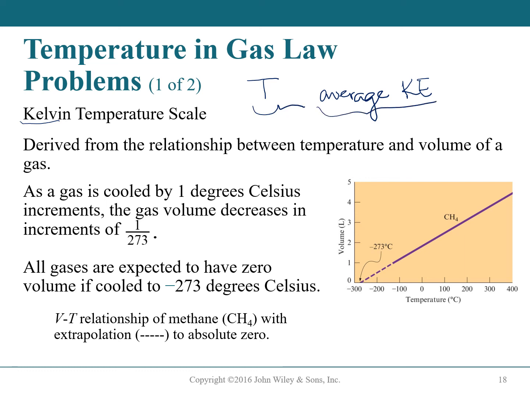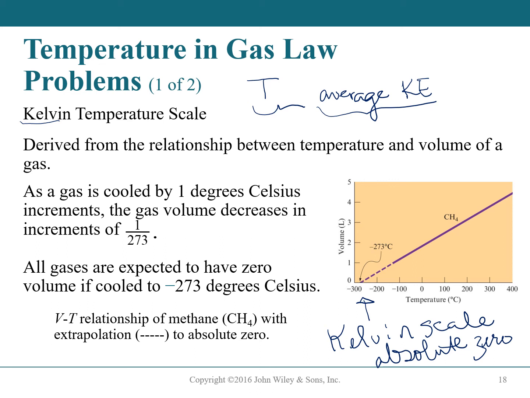So for the Kelvin scale, we have an absolute zero. What that means is that zero at absolute zero means there's absolutely no energy whatsoever in that substance. No vibration, no motion, zero energy. So it's a hypothetical. We can get close, but it's a hypothetical absolute zero.